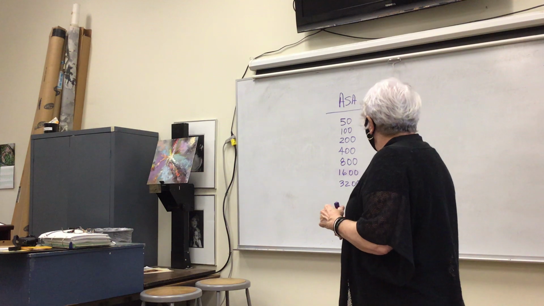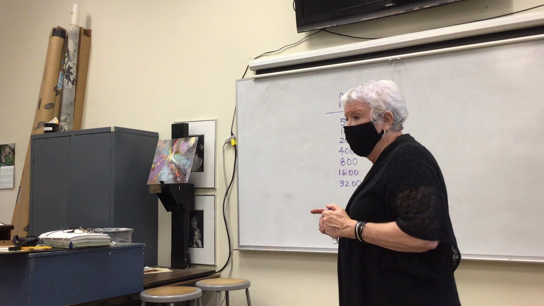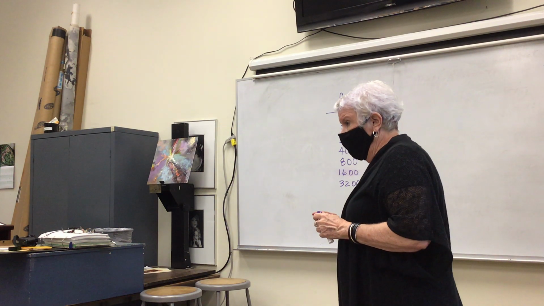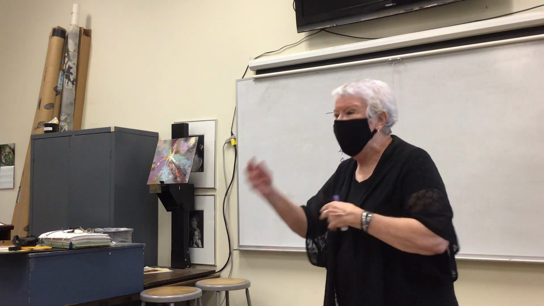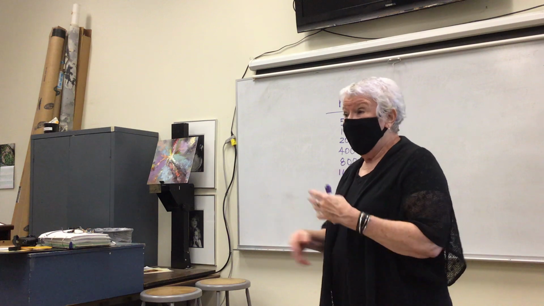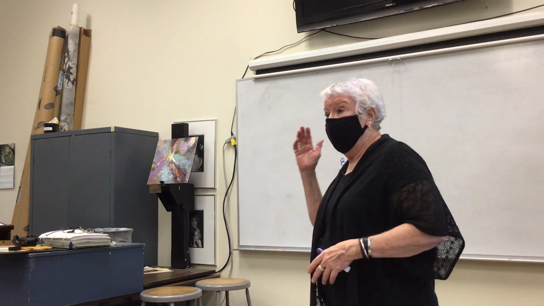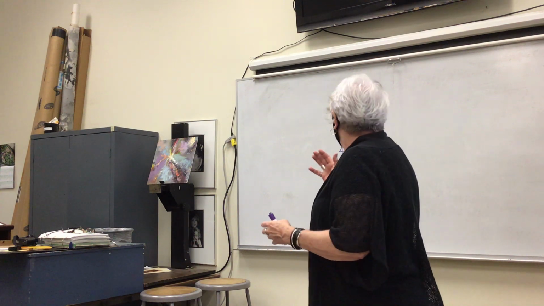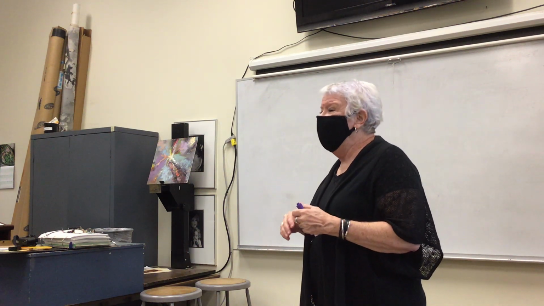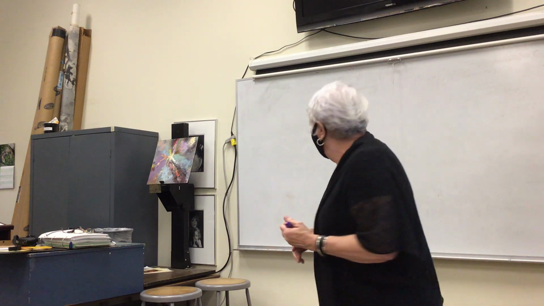So, this is what I'd like for you to memorize. And you can clearly see times 2, times 2, times 2, can't you? I mean, 50 times 2 is 100. 100 times 2 is 200, excuse me, math. But that's one stop.